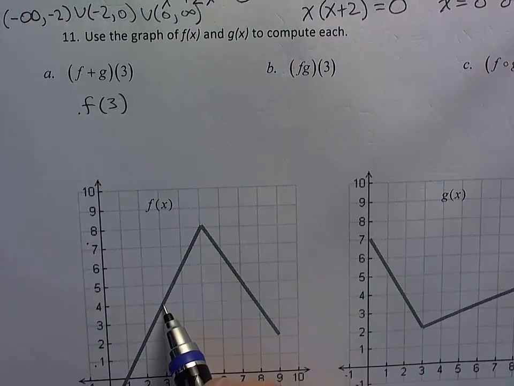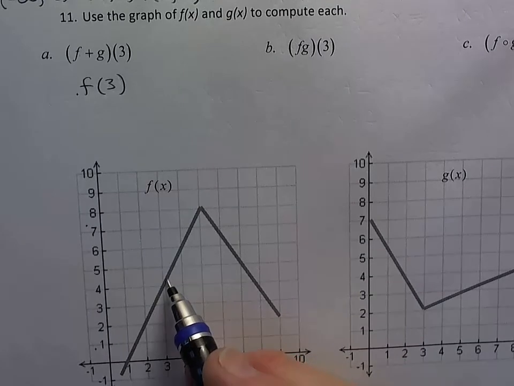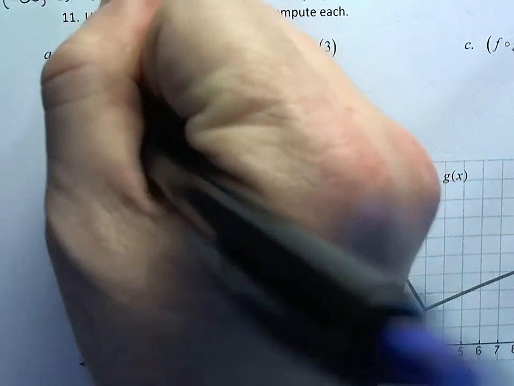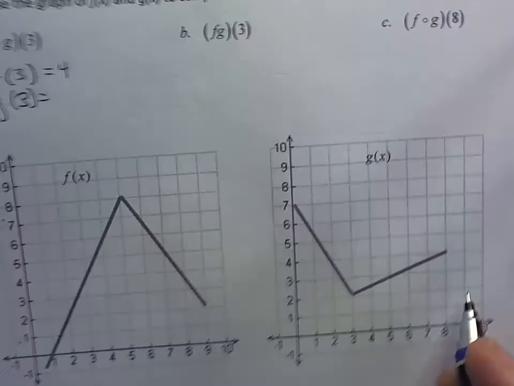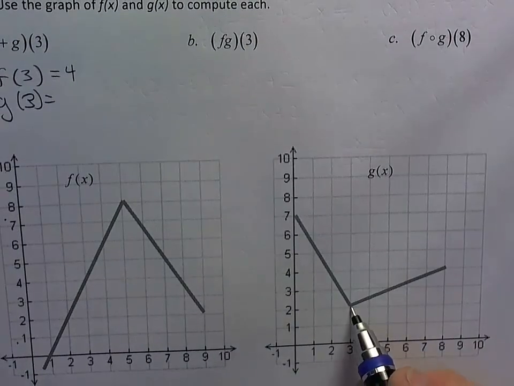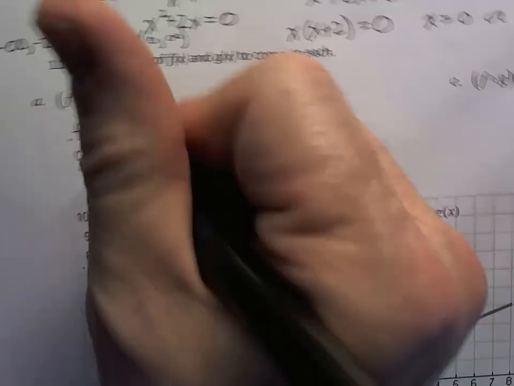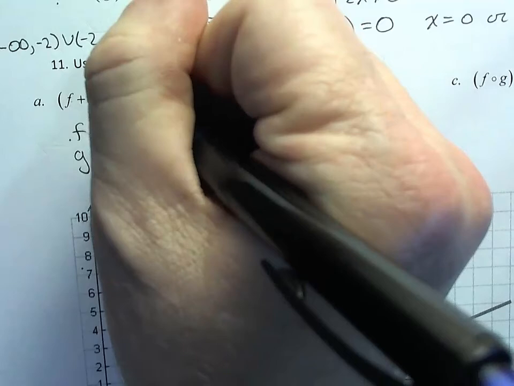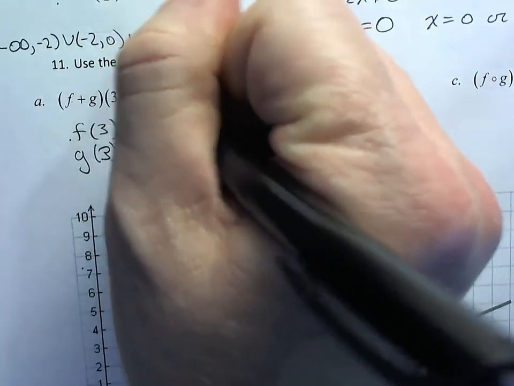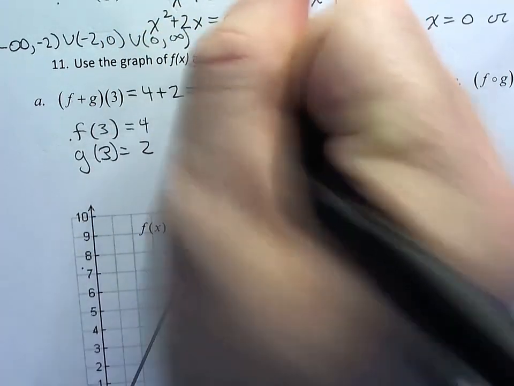Looks like it's going to be 4. I just find it here on the graph. So that's 4. And let's find out what g of 3 is. Well, g of 3 is 2. I go over to 3 and I say, okay, up on the graph, that's 2. So this is going to be 4 plus 2 is 6.